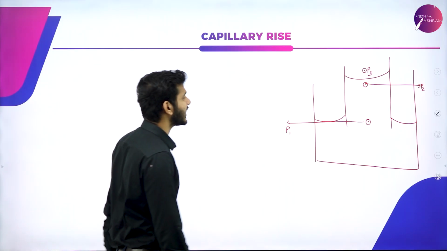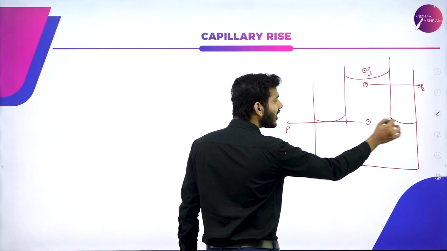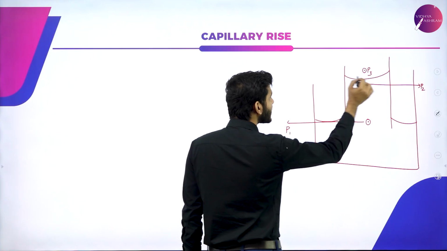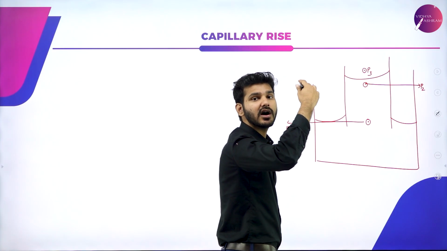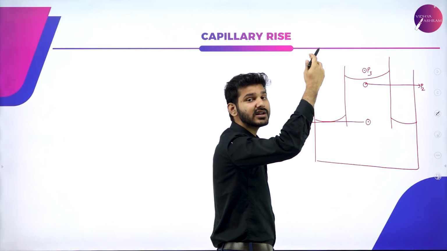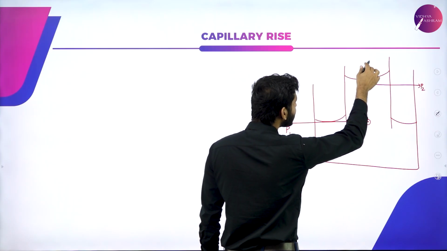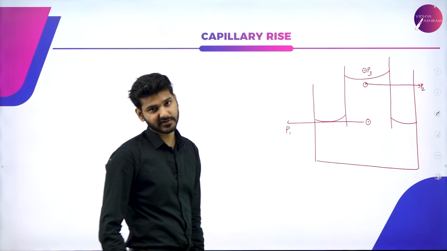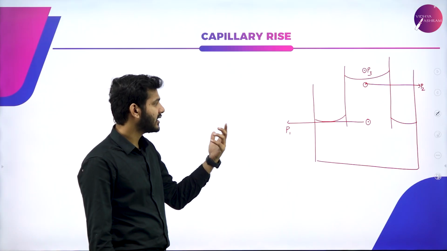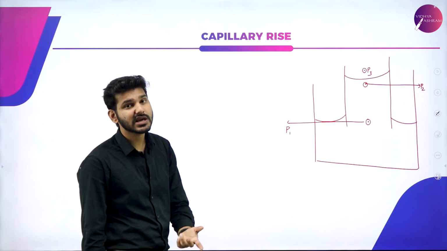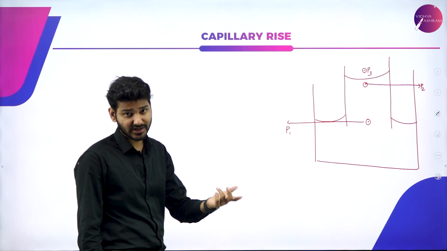So again, I'll take three different points: point 1 at the level of this water surface, point 2 slightly just below the surface of the water inside the tube, and a point just above that water surface, that is P3, which is the atmospheric pressure. And again P1 also will be equal to the atmospheric pressure. Why?